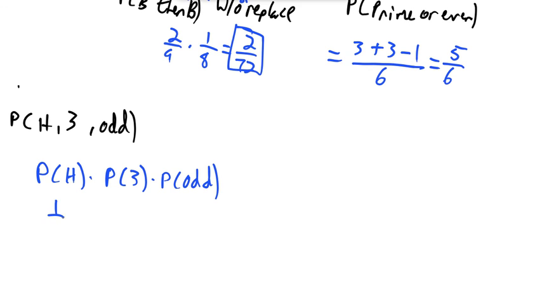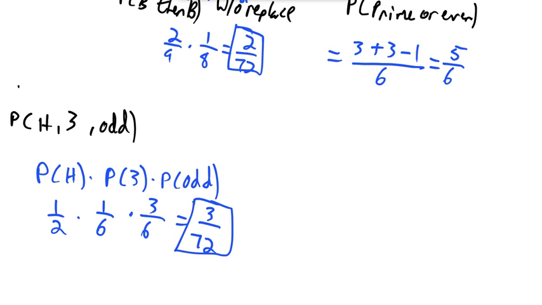So this is going to be 1/2 times, there's only 1 3 in the 6, and 3 of your die faces are odd. So this is going to become 3 out of 36 times 2, or 72. And then you'd reduce that. Right, that's the last lesson. Go ahead and do the homework.